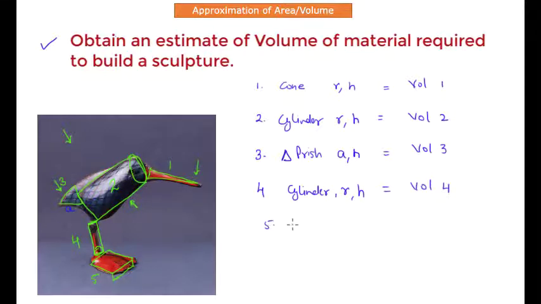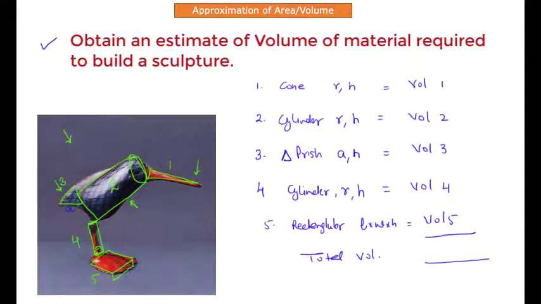And fifth is, of course, a rectangular prism, right? A rectangular prism with the dimensions being the length, the width, the height, and that will give you the volume estimate of the shape number 5. So the total estimated volume of this object will be basically a summation of all of these individual elements. So this is how you obtain the volume estimate of three-dimensional objects, okay?